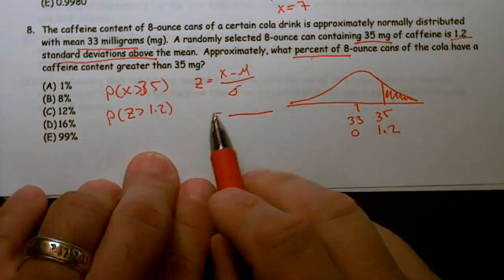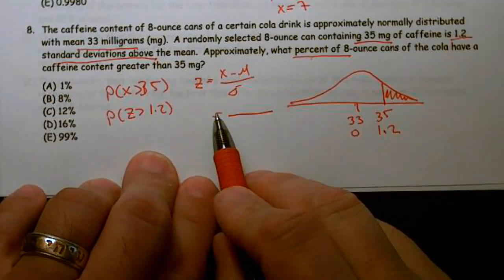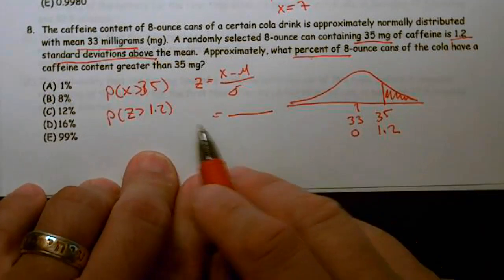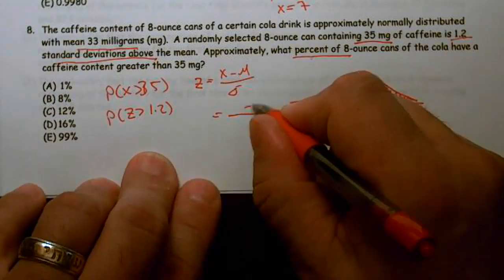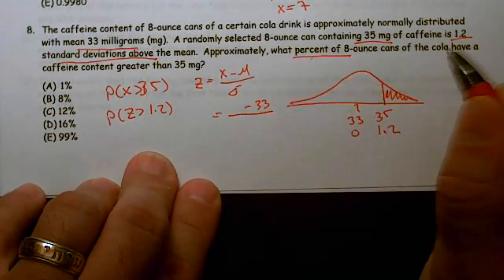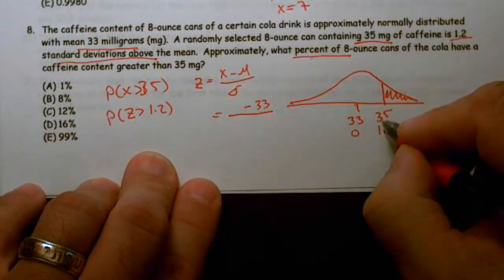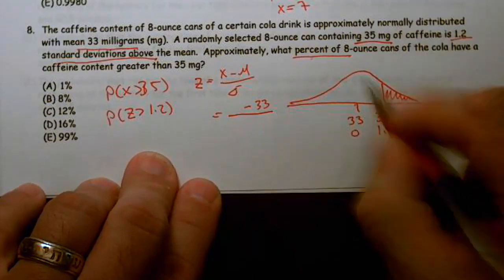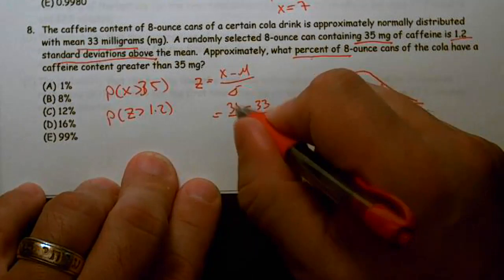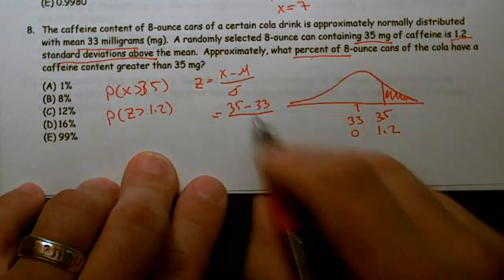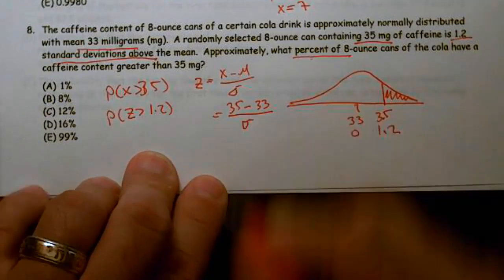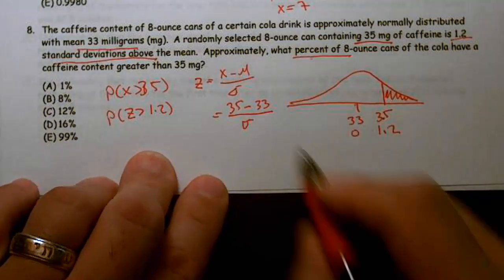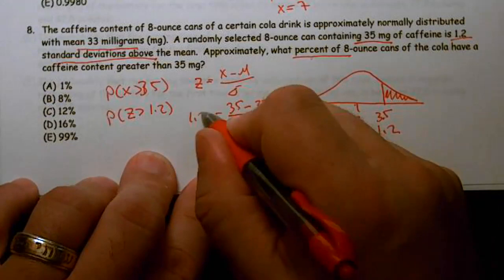With the mean, we have 33, we have 35 as my x value, and I have a standard deviation that I don't know, but I do happen to have a z-score that's just 1.2.